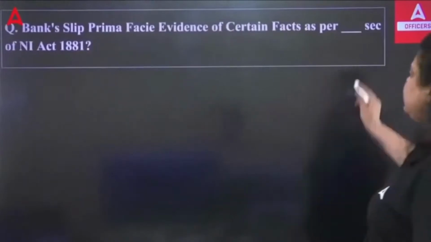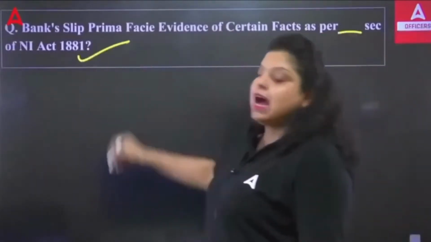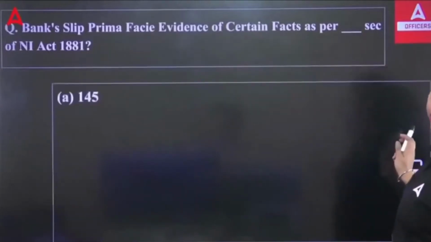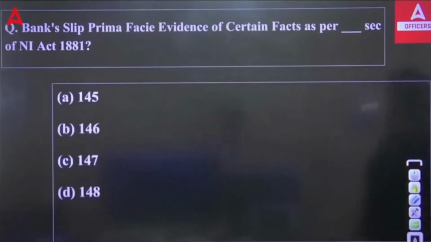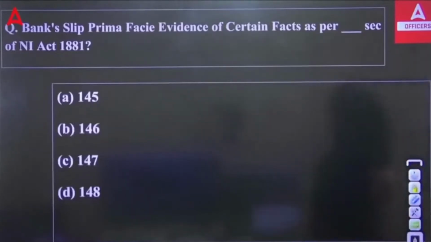Now, bank slip is prima facie evidence of certain facts as per which section of the NI Act 1881? We have section numbers 145, 146, 147, 148. So under which section are we talking about this?